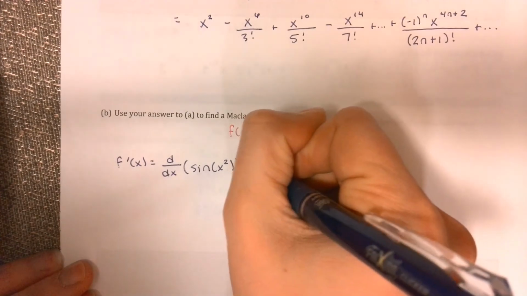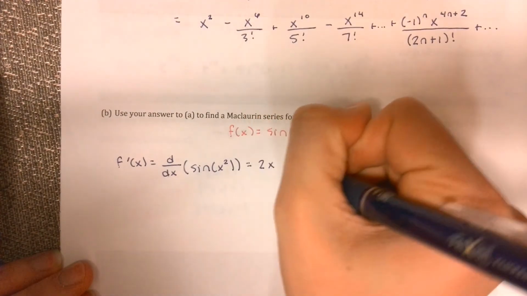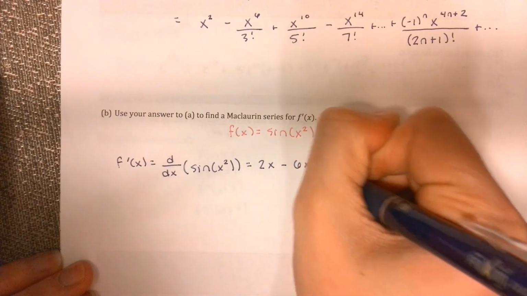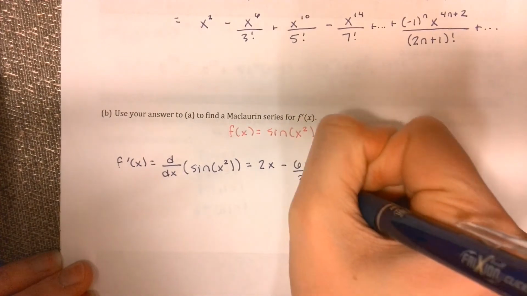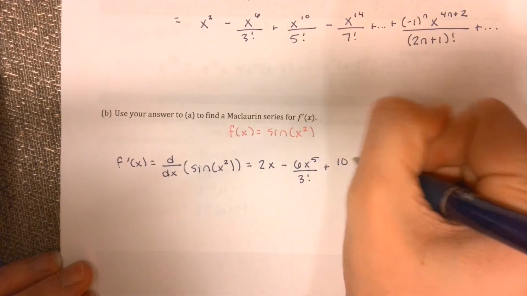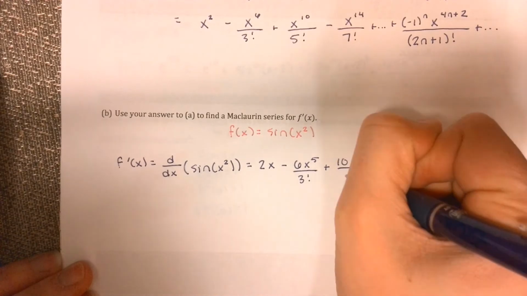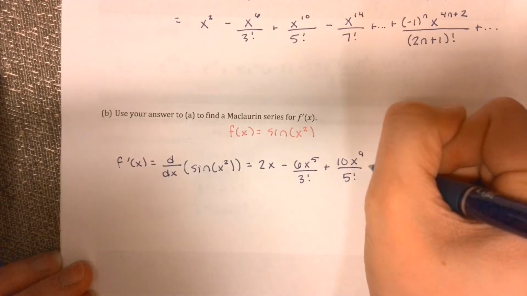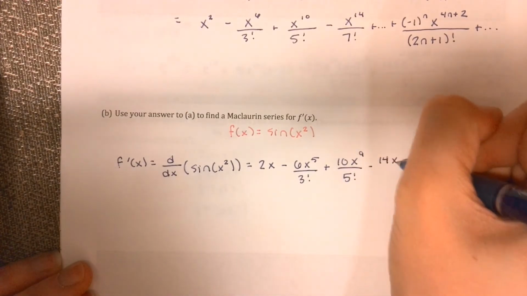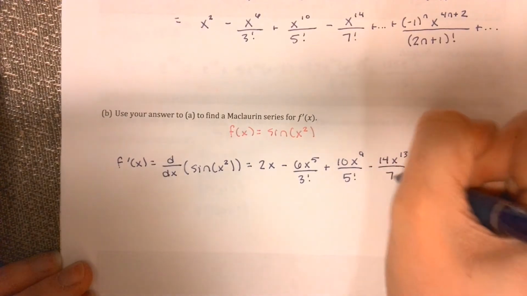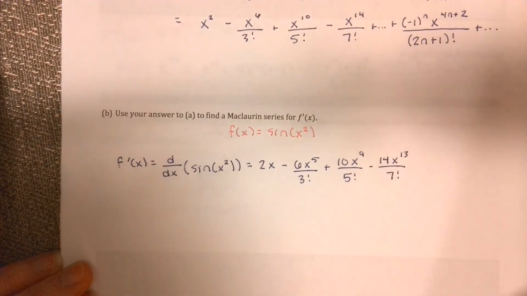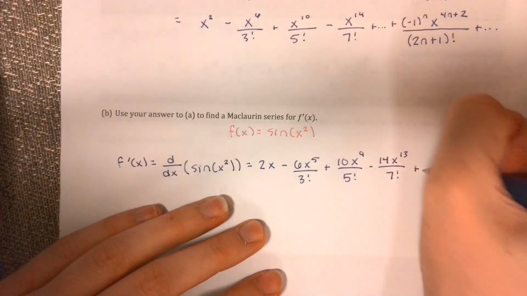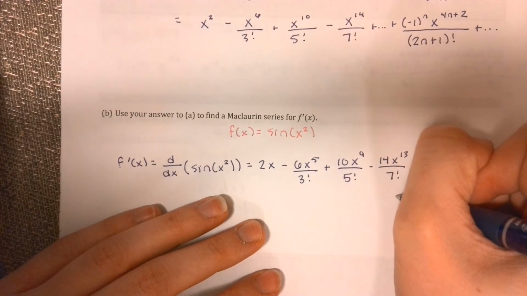So I would get 2x minus 6x to the 5th over 3 factorial plus 10x to the 9th over 5 factorial minus 14x to the 13th over 7 factorial. I'm going to run out of space, so I'm going to put the general term right here.